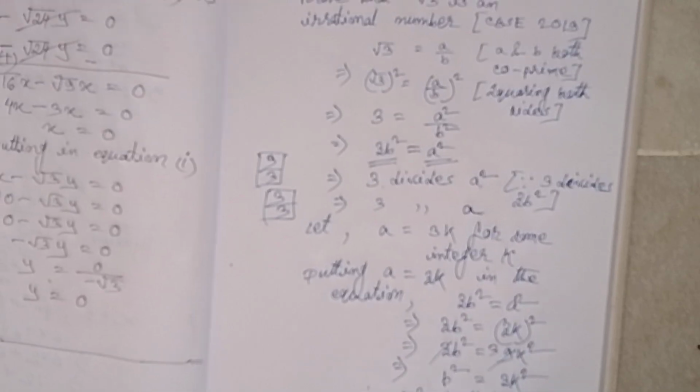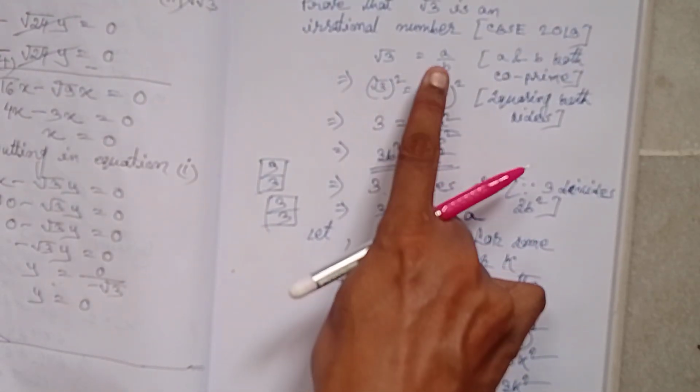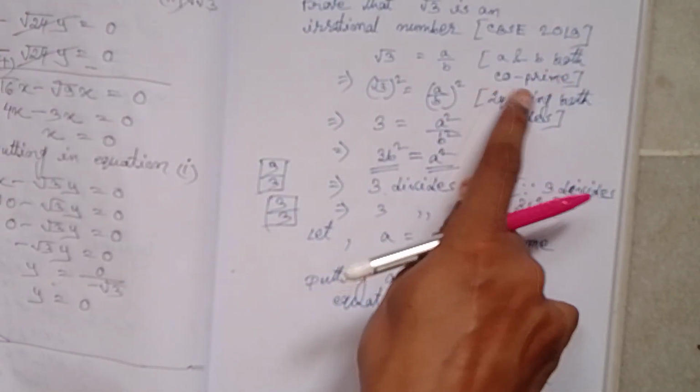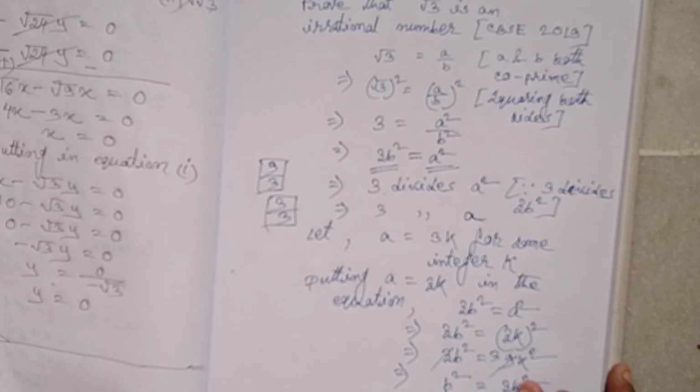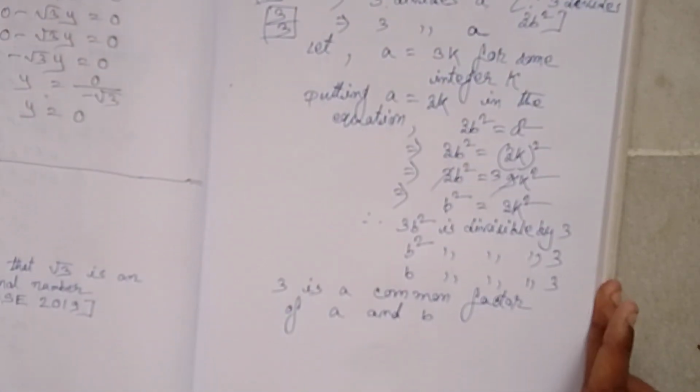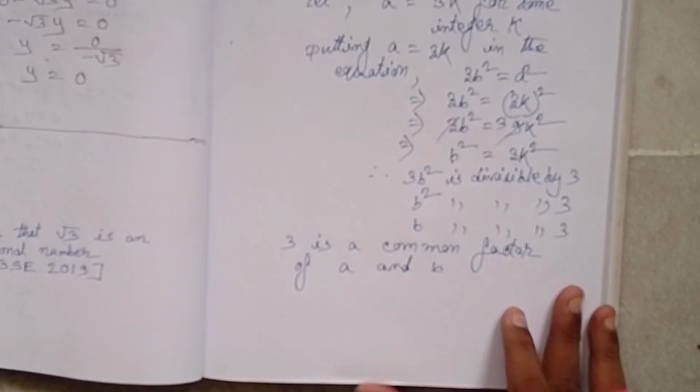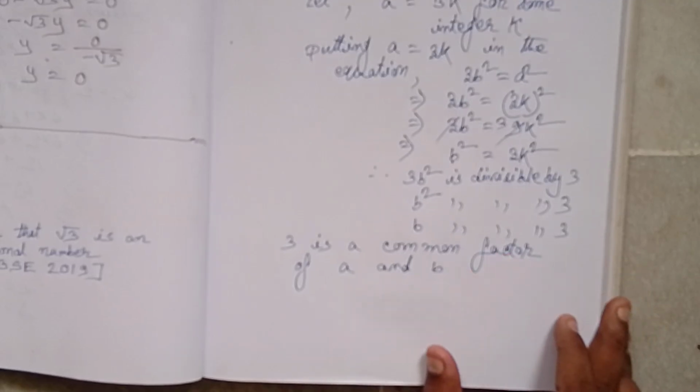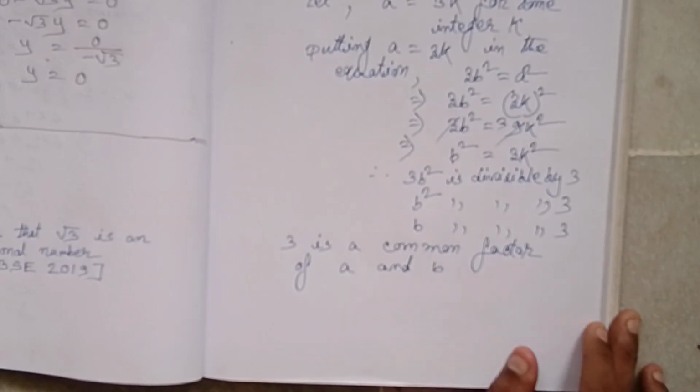But at the beginning, we assumed that root 3 is equal to a by b, where a and b are co-prime. As a and b are co-prime, they must have 1 as their common factor and no other common factor other than 1. But accordingly, we have come to a conclusion that 3 is becoming a common factor of a and b.